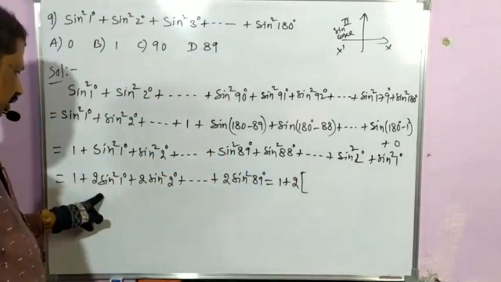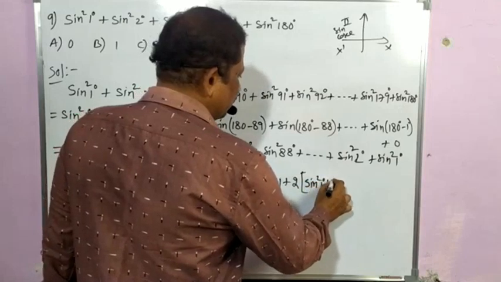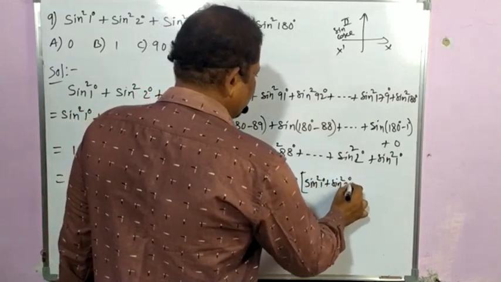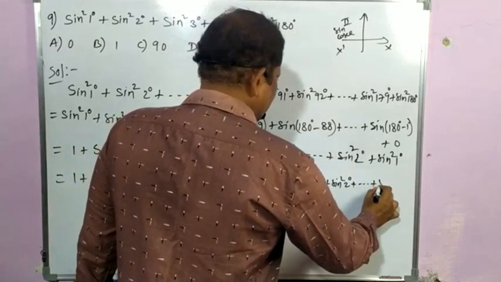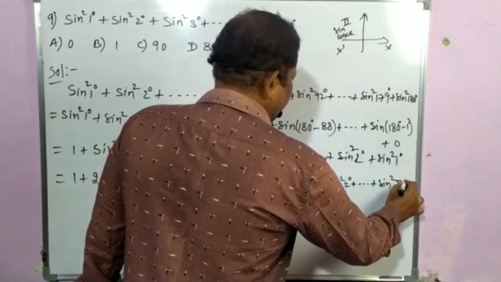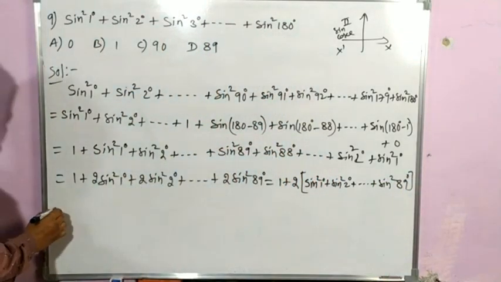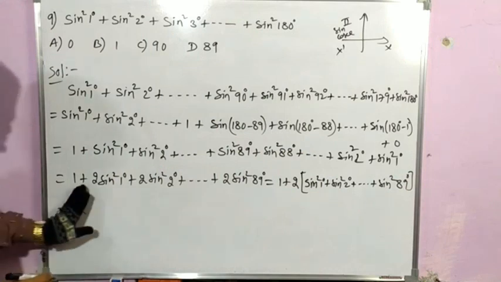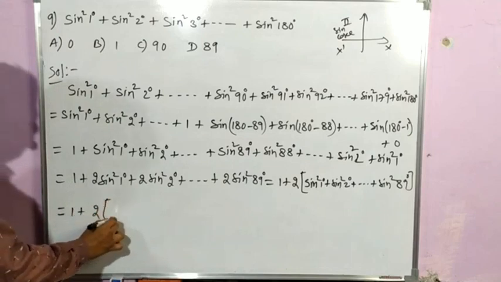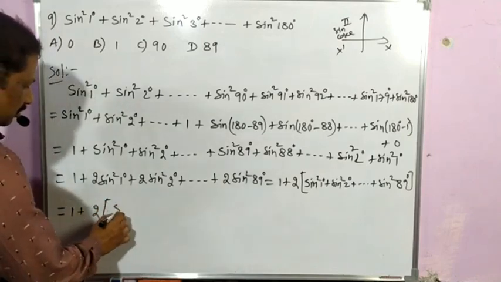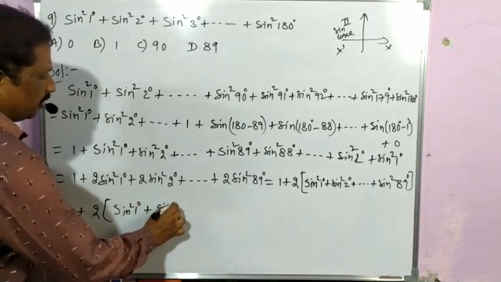From this we take out 2 common. What is left behind? Sine square 1 degree plus sine square 2 degrees plus so on plus sine square 89. Okay, clear? Now next step: 1 plus 2 into sine square 1 degree plus sine square 89 degrees.